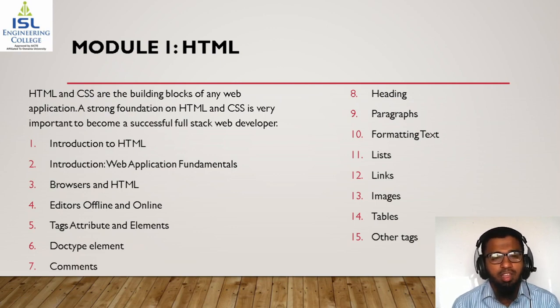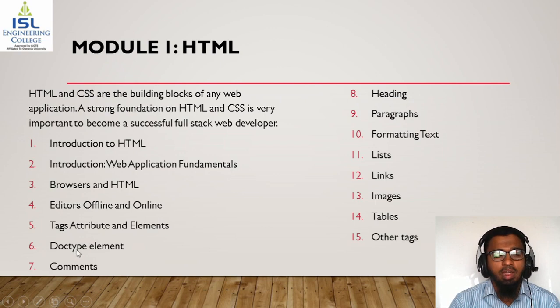The next is tags, attributes and elements. Remember, in HTML you will have tags, and every tag has some attributes as well as elements. Remember this: HTML has tags, and tags have attributes as well as elements.